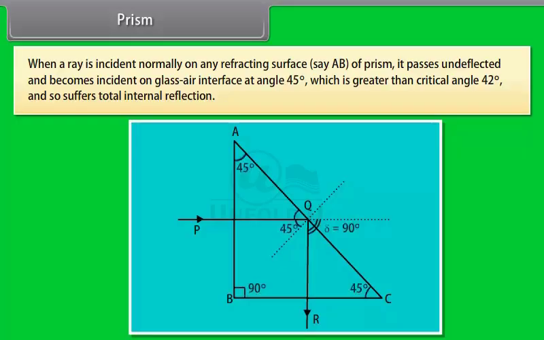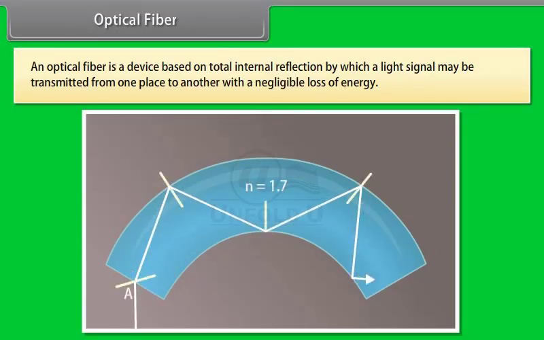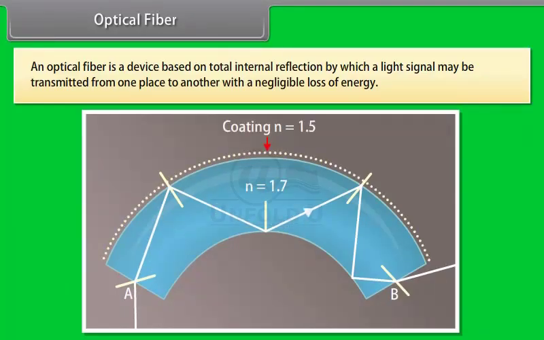A totally reflecting prism may be used to deviate the rays through 90 degrees, to deviate the rays through 180 degrees, and to erect the inverted image without any deviation. Optical fiber. An optical fiber is a device based on total internal reflection by which a light signal may be transmitted from one place to another with a negligible loss of energy.